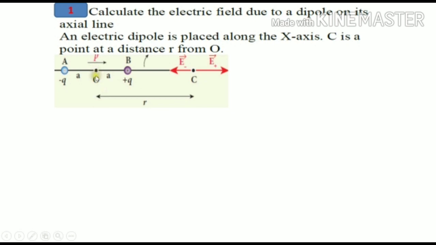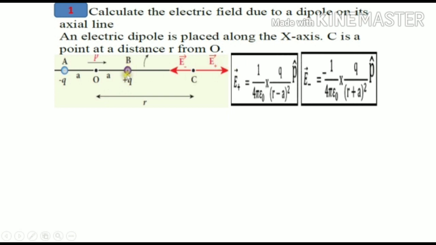Because the distance from O to B is a. Now the electric field E is equal to F by q. F is the force between the two charges. According to Coulomb's law, F can be calculated as k q1 q2 by r squared.